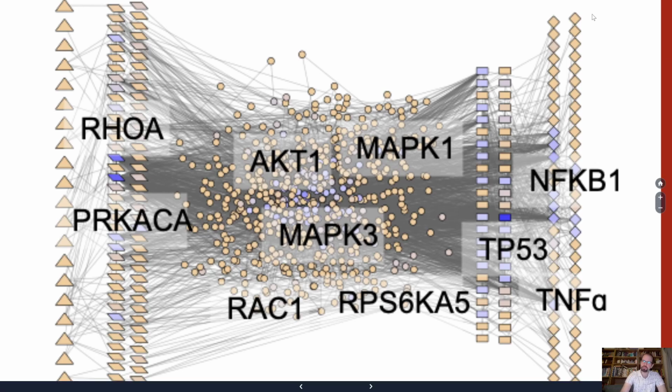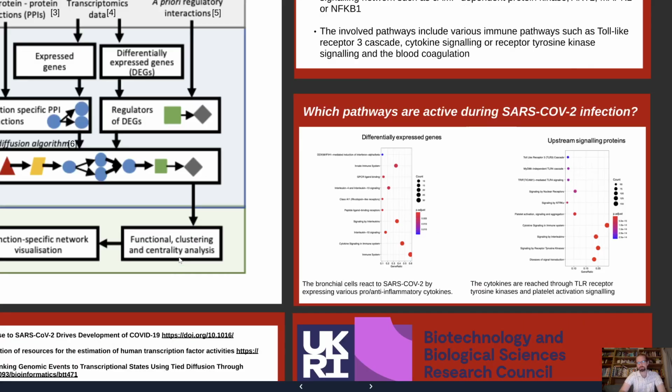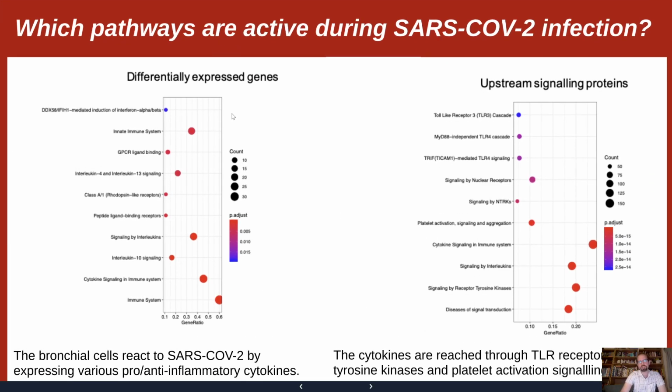Then we also looked at which pathways they are involved in, which gene ontology functions. We looked at both the differentially expressed genes and the network itself as well. In the differentially expressed genes, we can find interleukin signaling and various other immune-related signaling, such as the immune system.